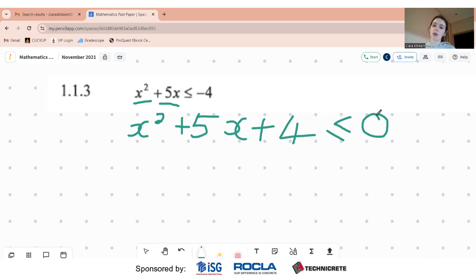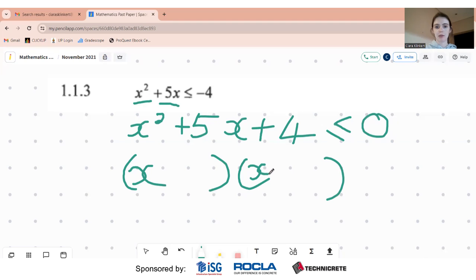Now, if this was an equation, our next step would be to factorize. We are still going to do that. Okay, so if I factorize this expression, I need to have an x here and an x here. These terms will multiply together to give me the x squared. Then I need to consider the factors of 4.